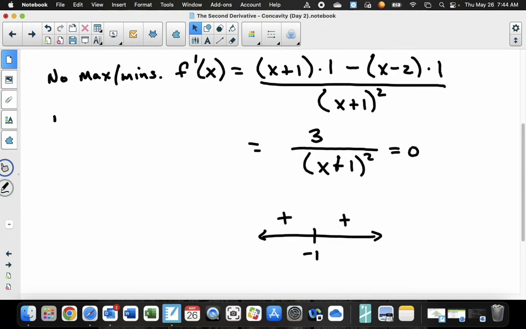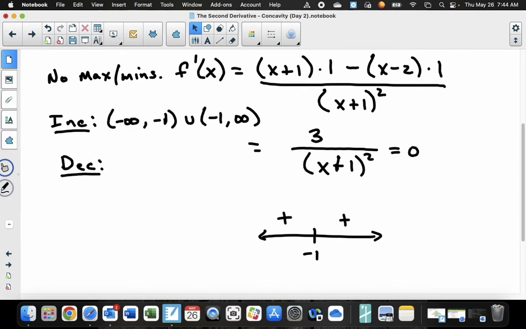So let's put that in. Interval of increasing is from -infinity to -1, union -1 to infinity. Basically everywhere the entire graph is increasing except at -1 because there's a vertical asymptote. And if we put in decreasing, we can just put none, not applicable.